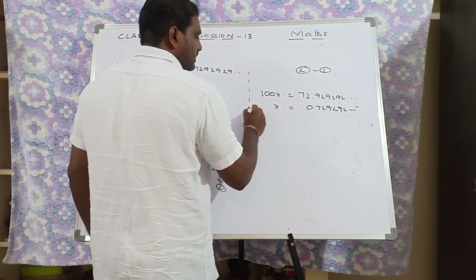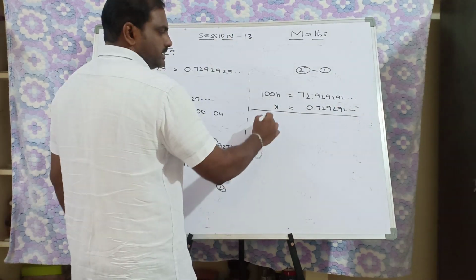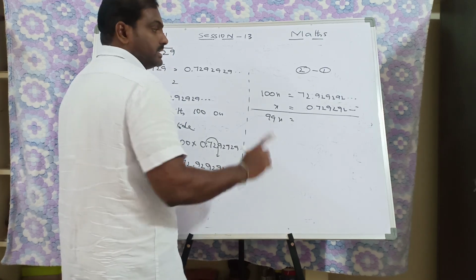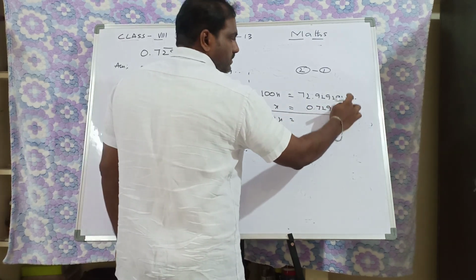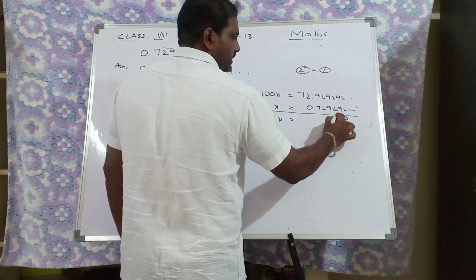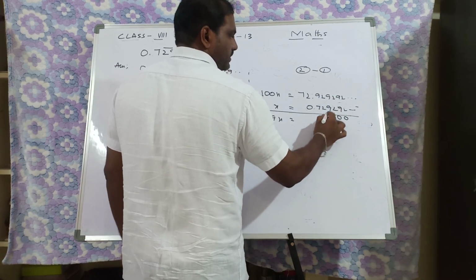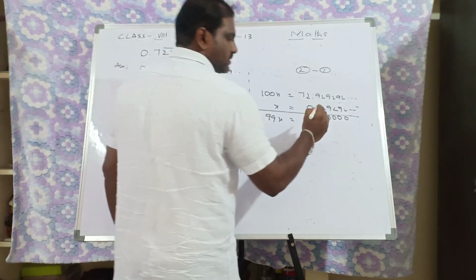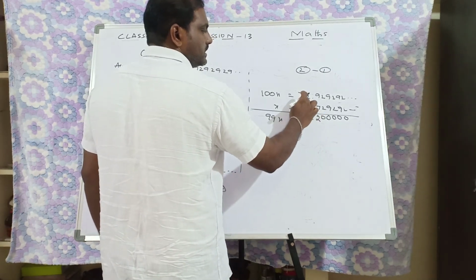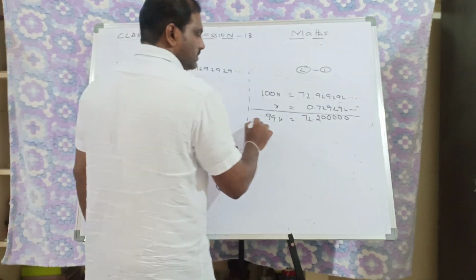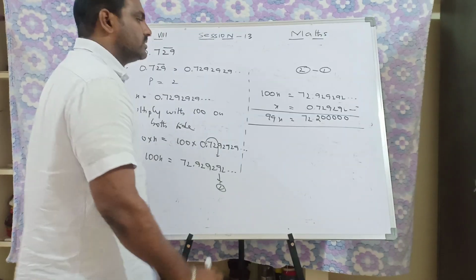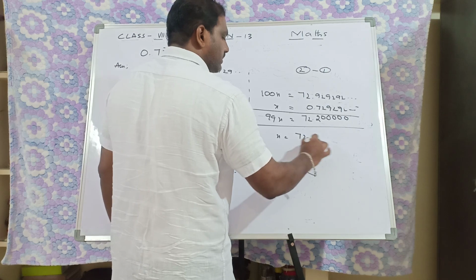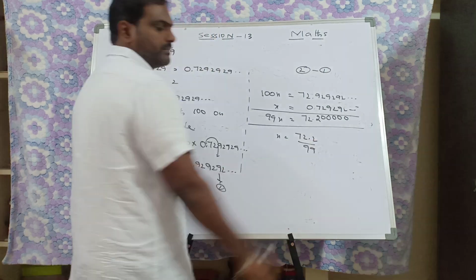Next, what will we get? 100x minus x equals 99x. It is correct. Next, it is 2, 2, 0, 9 minus 7 is 2. And how much will you get? 72.2. So therefore x equals 72.2 by 99.